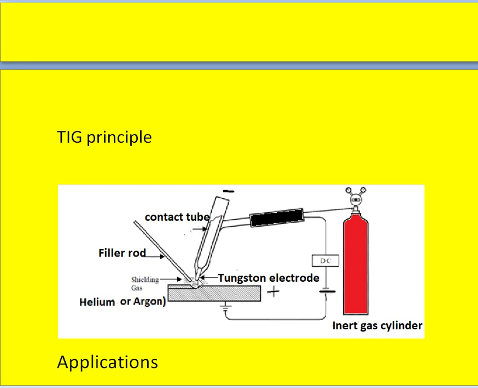Once this arc heats the base metal at the desired point, the base metal becomes molten metal, and that molten metal is surrounded by the inert gas, helium, which is also called shielding gas.